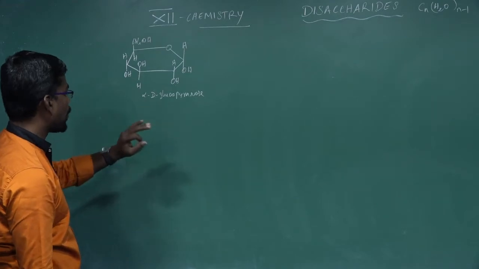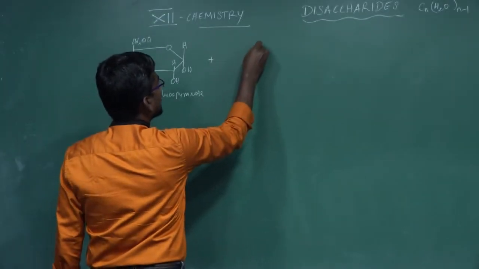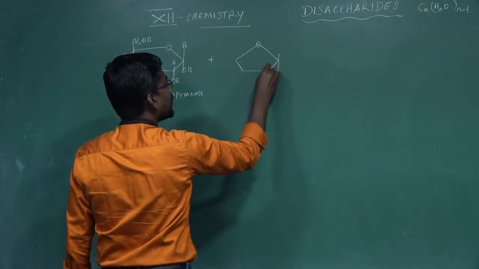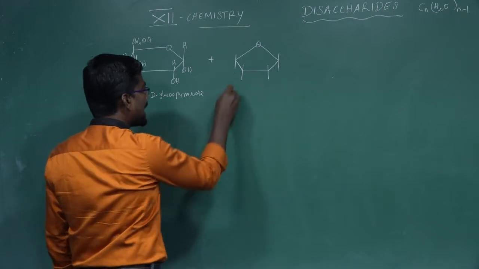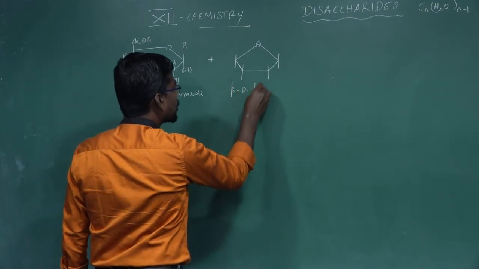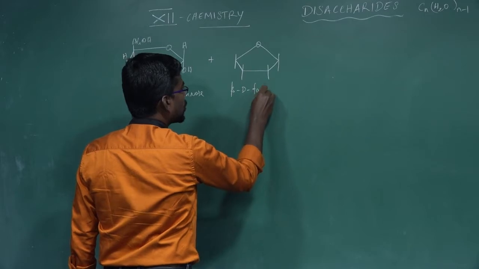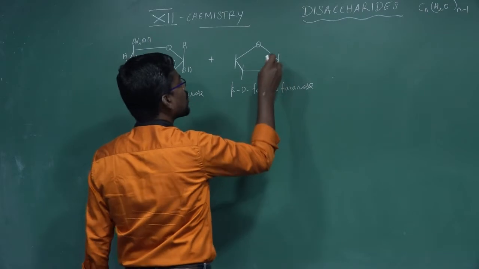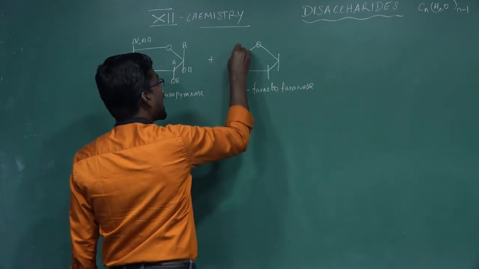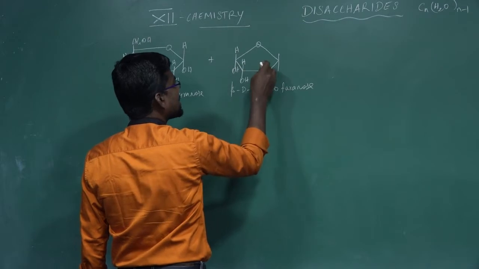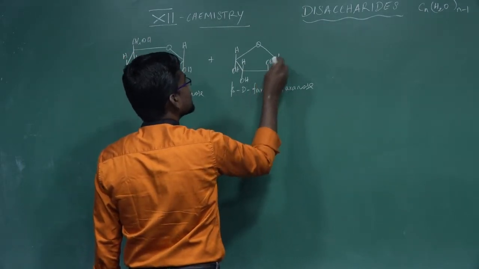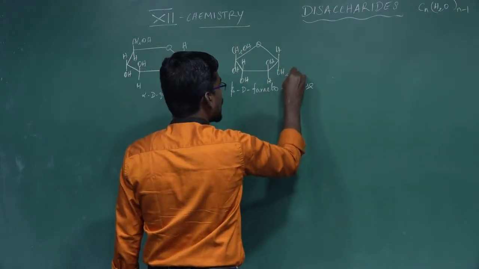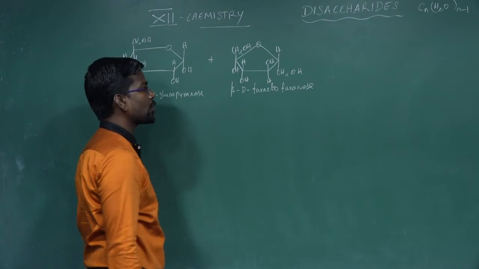That alpha D glucopyranose can be combined with the furanose form of beta D fructofuranose, which also has OH, H and CH2OH groups.